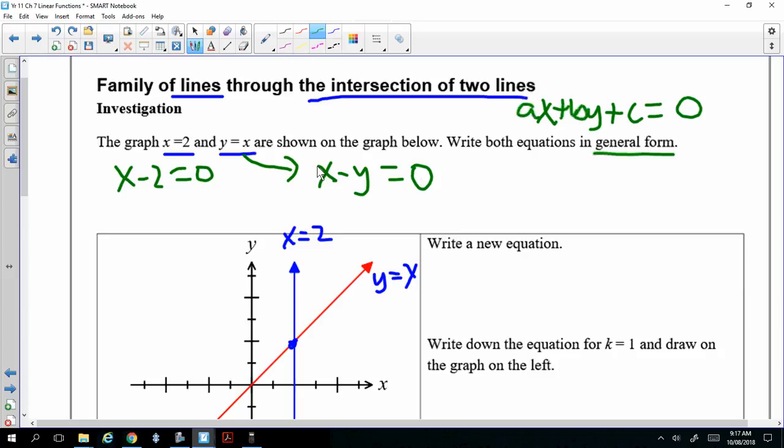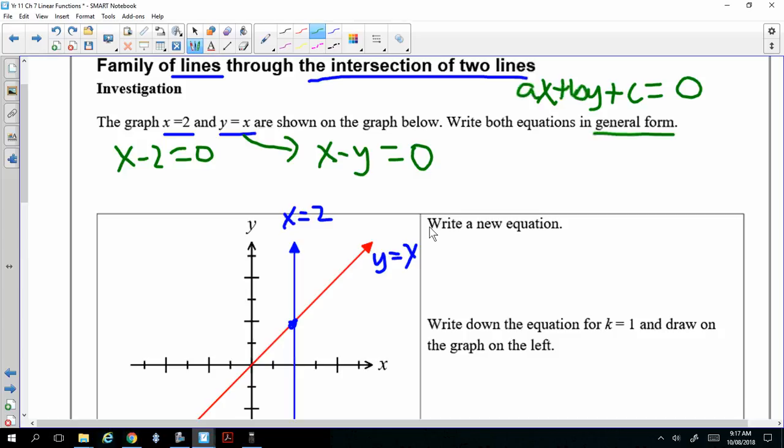All right, let's write a new equation. Hopefully it doesn't confuse you. We're going to combine the equations, to put them into a family. So write x minus 2, we don't need the 0, and then we'll take the second part.